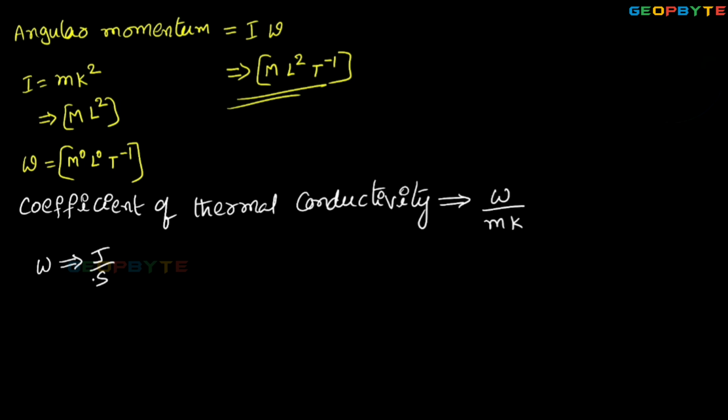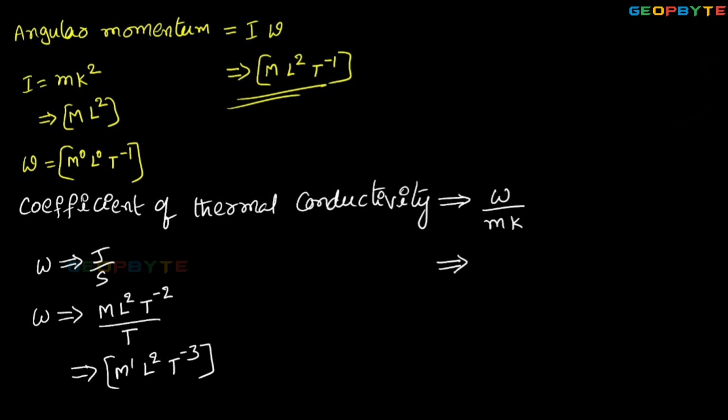Joule is the unit of energy, M L power 2 T power minus 2, divided by T. Finally, it is M power 1, L power 2, T power minus 3, the dimension for power. Divided by M power 1, K. Now M is cancelled: M power 0, L power 2, T power minus 3, Kelvin power minus 1.